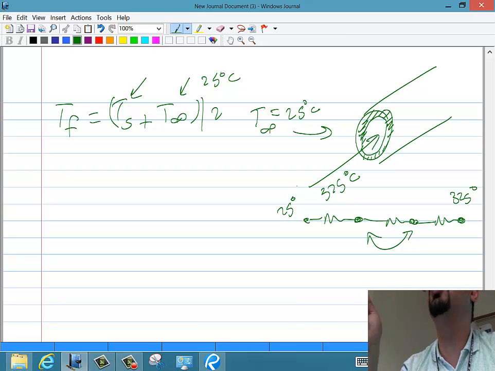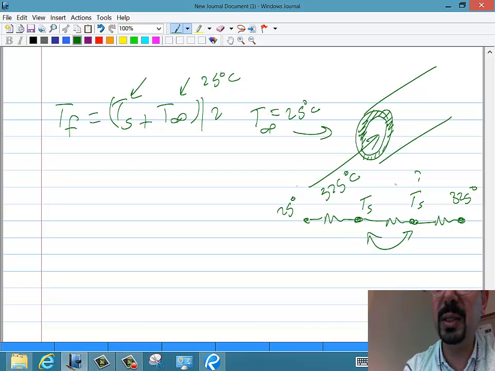We assume that the outside and the inside of the cylinder are the same, right? There is no resistance between them. So if this is Ts, then this is also Ts. But what is that Ts?